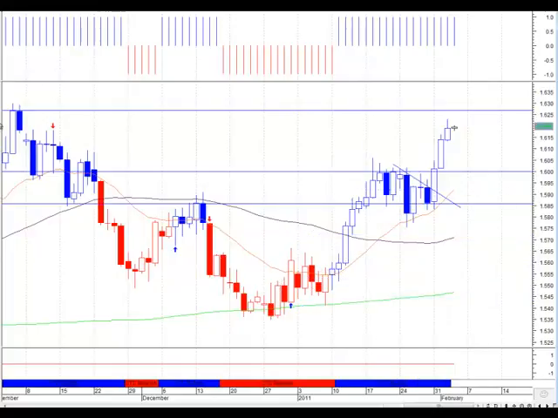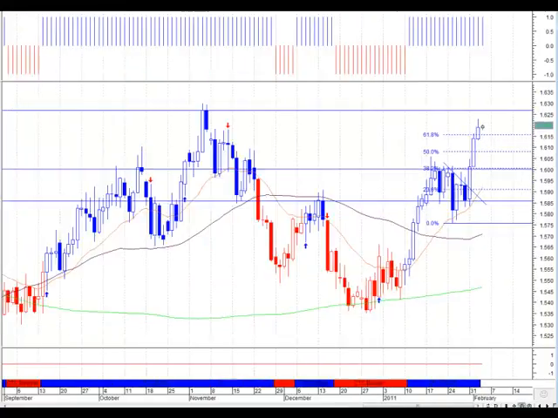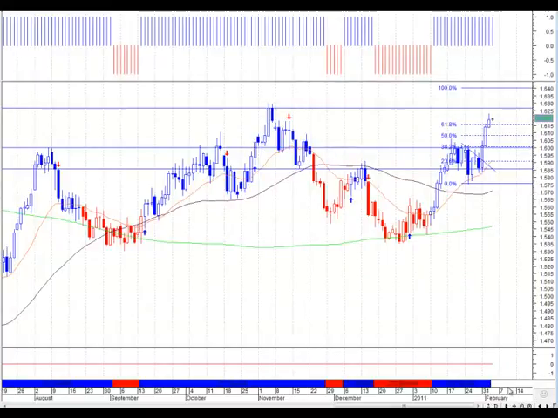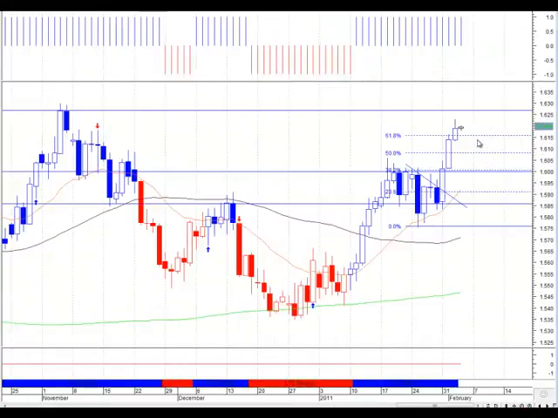Or we can do the other projection, which is this one over here, where the move started, the high and the pullback, and you can see the 61.8% here at 1615 being reached. The extension higher is well up at 1640, so still a lot of movement to be seen in this pair.